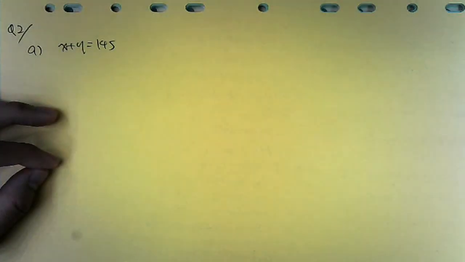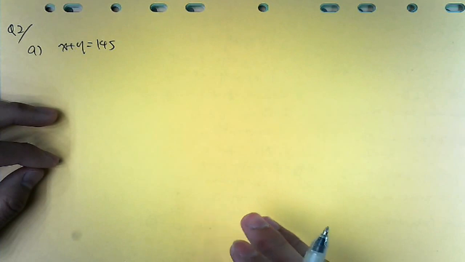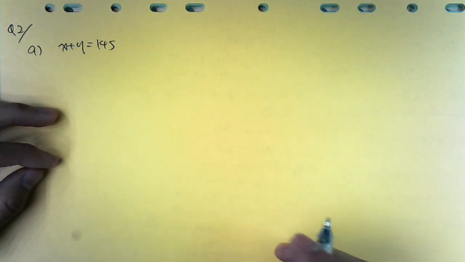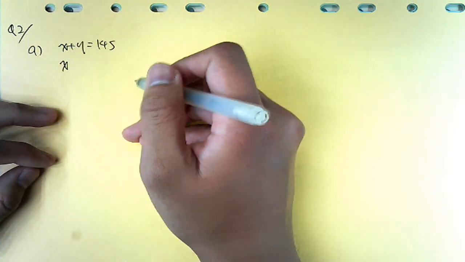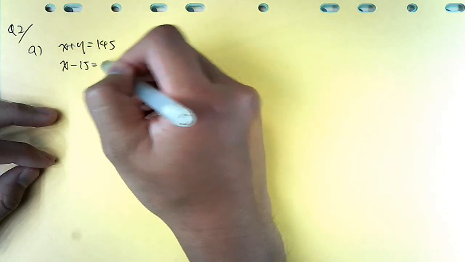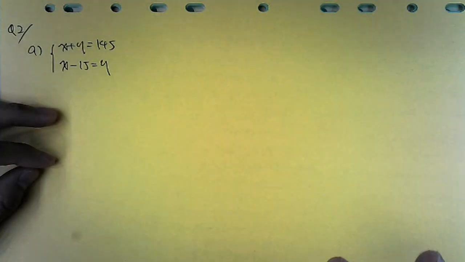Read the first sentence: the total weight is 145, meaning X plus Y equals 145. Understand this? The next one, Jack is 15 kg heavier than Chris, meaning you can do what? X minus 15 will be equal to Y, or you can do Y plus 15 equals X.